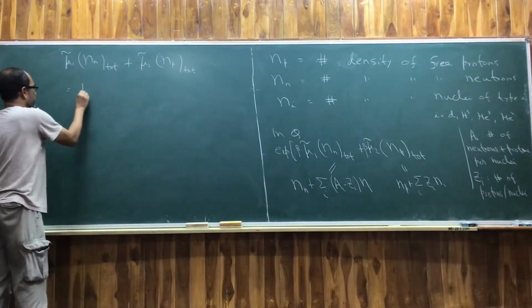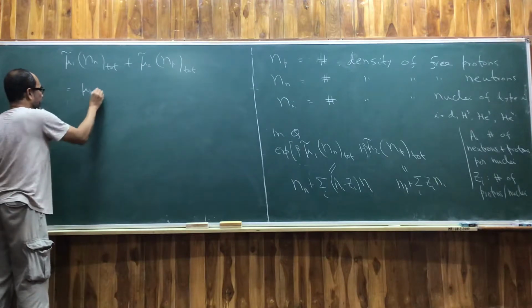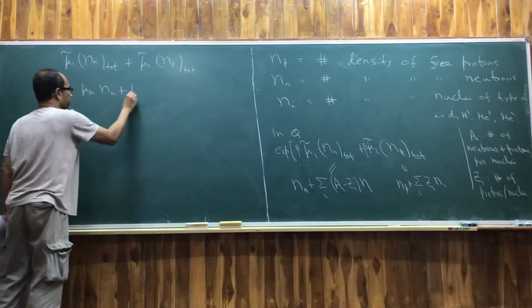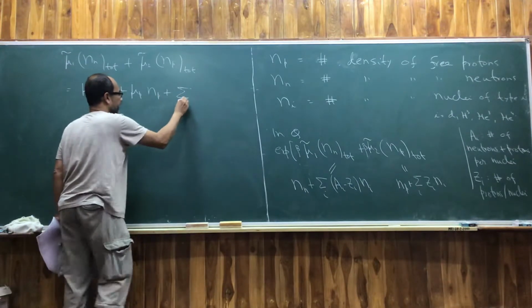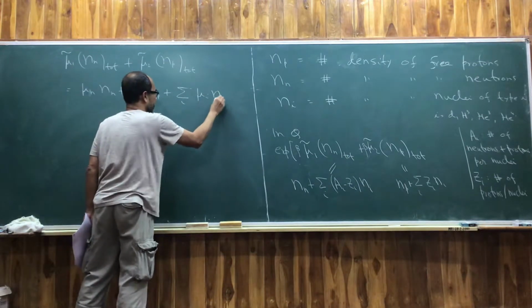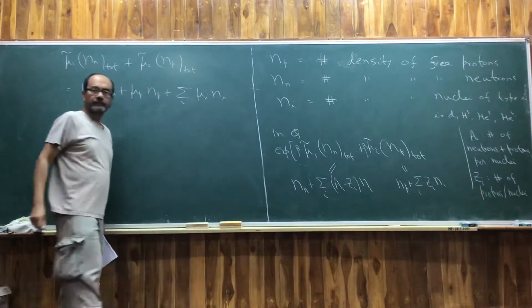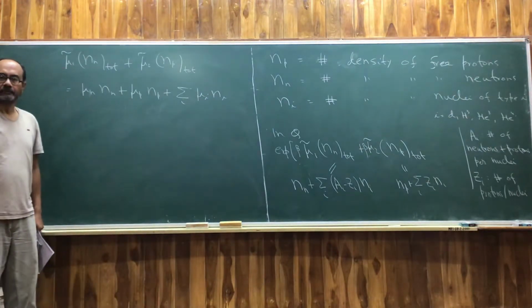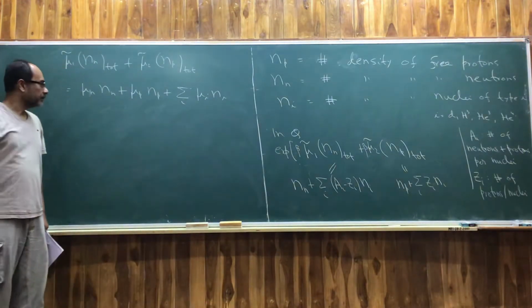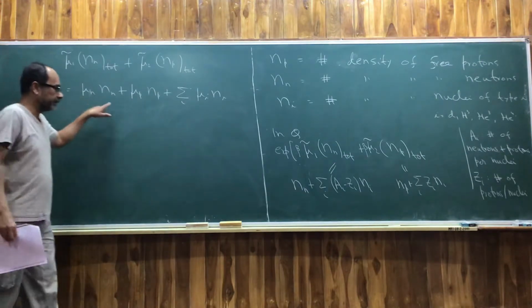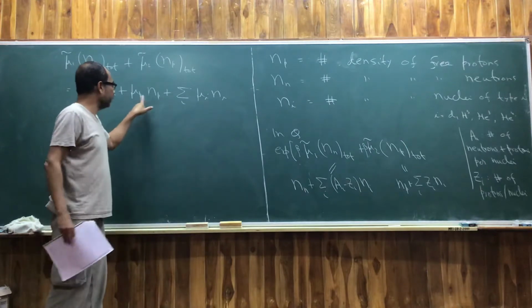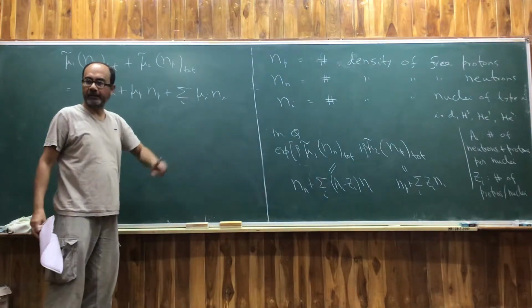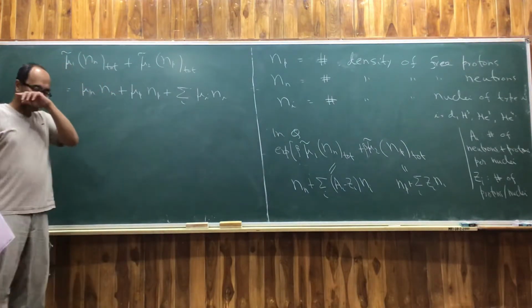We will write as mu1 sum over N_n plus mu2 sum over I. And by comparing this with this, we read out the expressions for mu n, mu p, and mu I in terms of mu1 tilde and mu2 tilde. Right? This is what we have been doing earlier also.